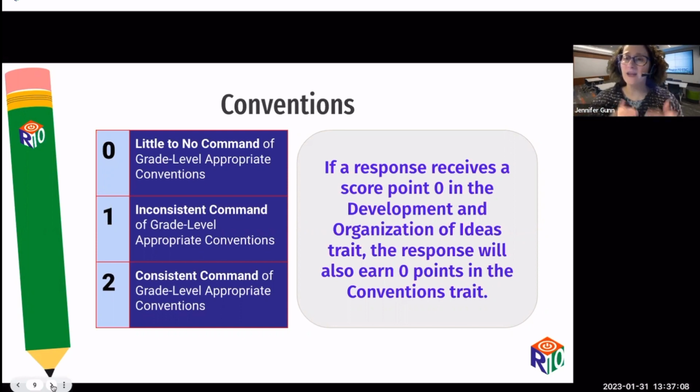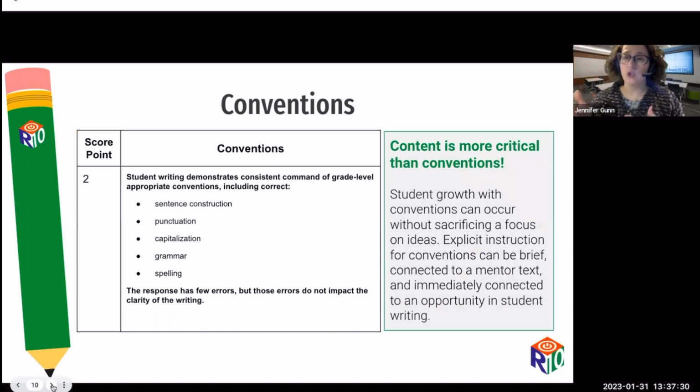When you're scoring conventions, it needs to be a secondary consideration, and we're looking at a 0 with little to no command of grade level appropriate conventions, a 1 as an inconsistent command, and a 2 a consistent command of conventions. So if thinking about this instructionally, our feedback and our priority needs to be content.